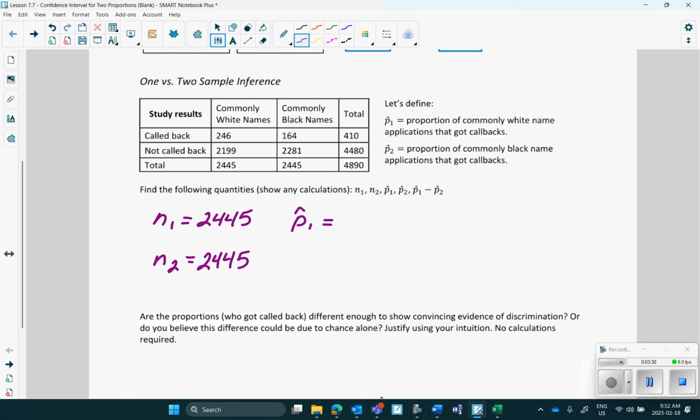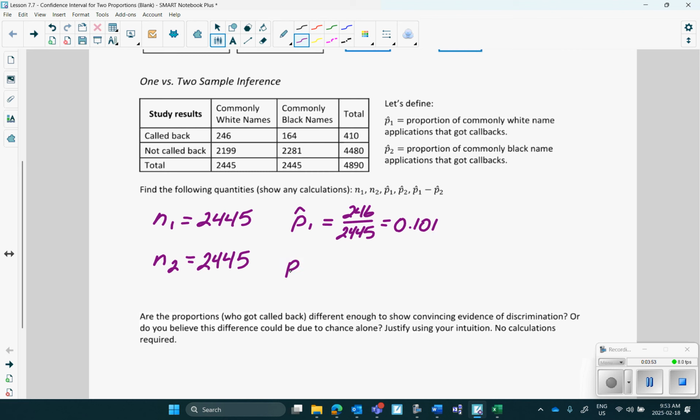So for white names, it was 246 over 2,445, which is approximately 0.101. That's the proportion of white names who received callbacks. So the percent would be 10.1%.